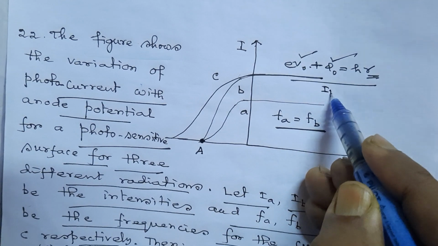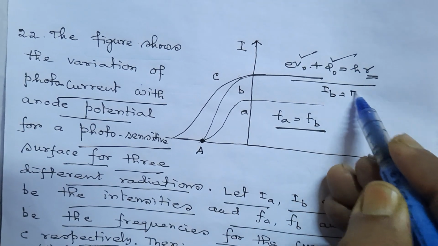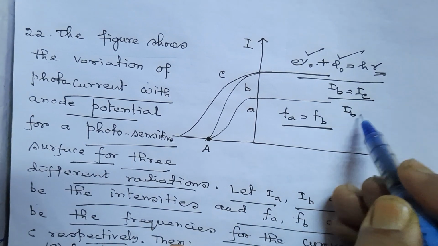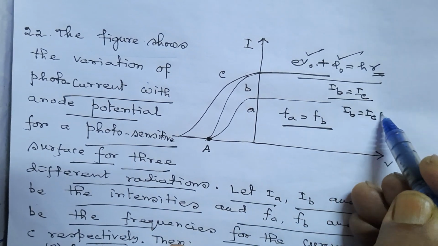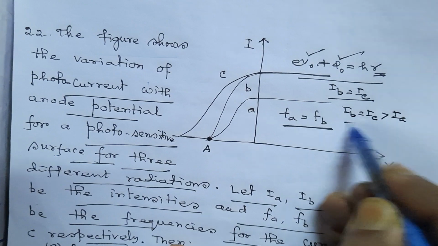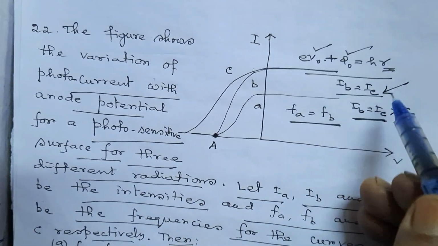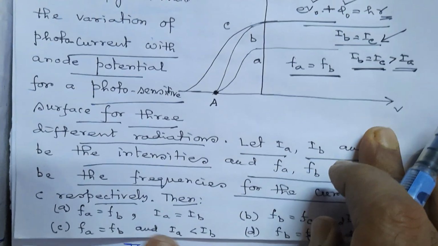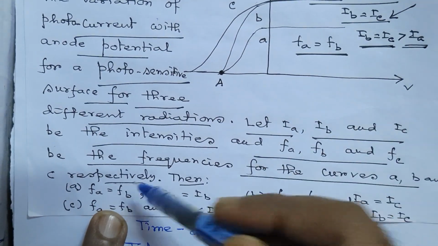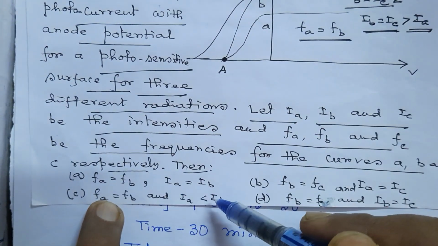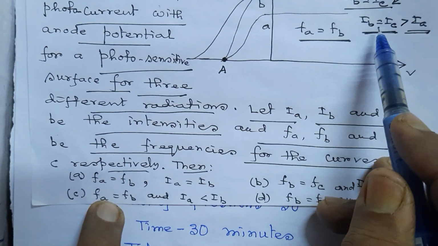So the intensity of radiation IB equals IC. But IB or IC is greater than IA, as the current is proportional to the intensity of radiation incident on the metal. So FA equals FB, and our correct choice is either A or C. But IA equals IB is not right here.